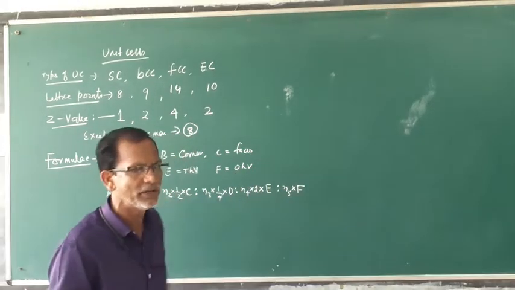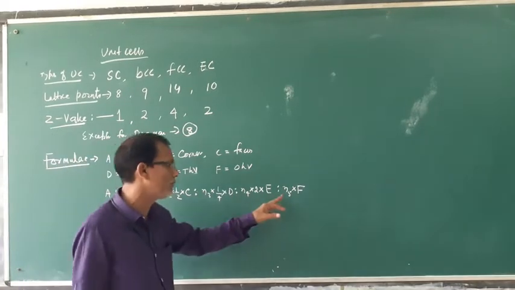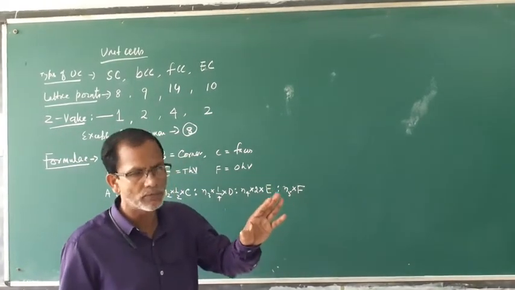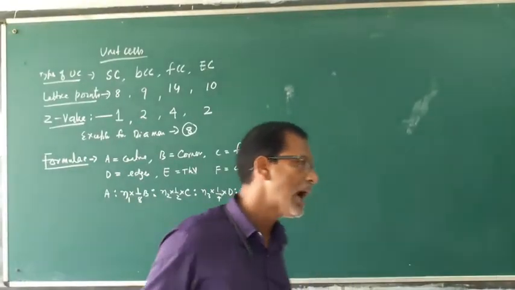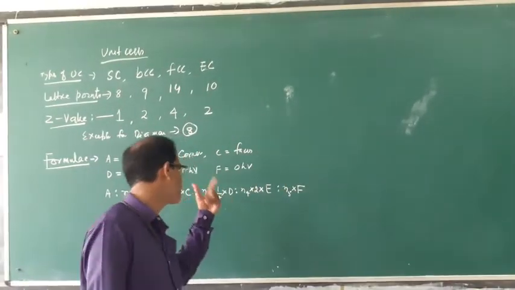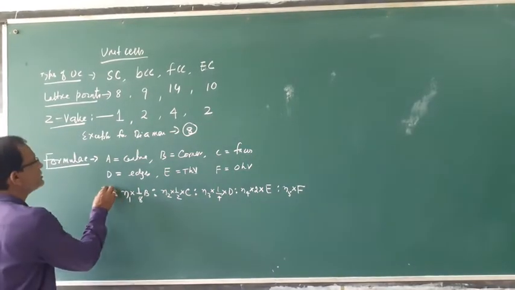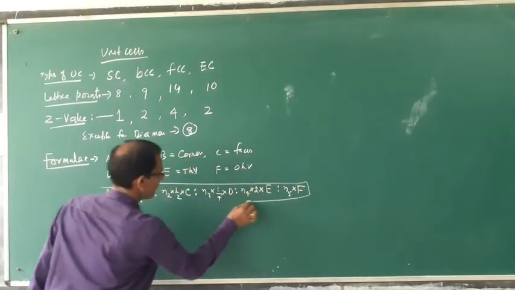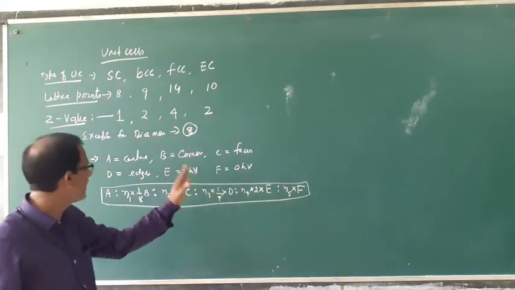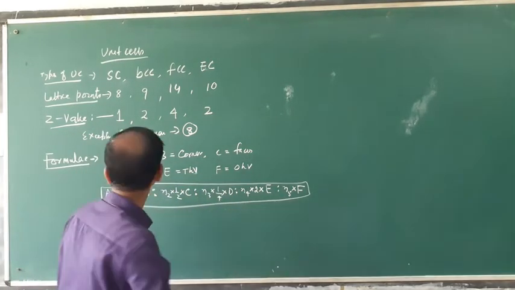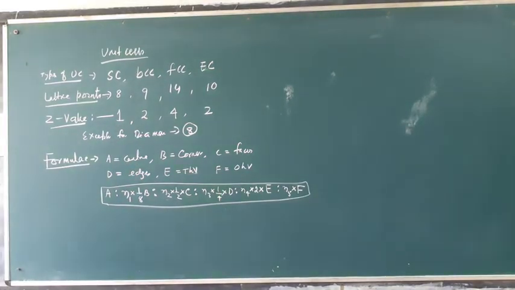It will be given in the question either as a percentage or as a fraction, 1/3, 2/3, or in percentage, half, that means 50%. So you have to read the question. This is the general formula of the crystal using A, B, C, D, E, F at different positions.